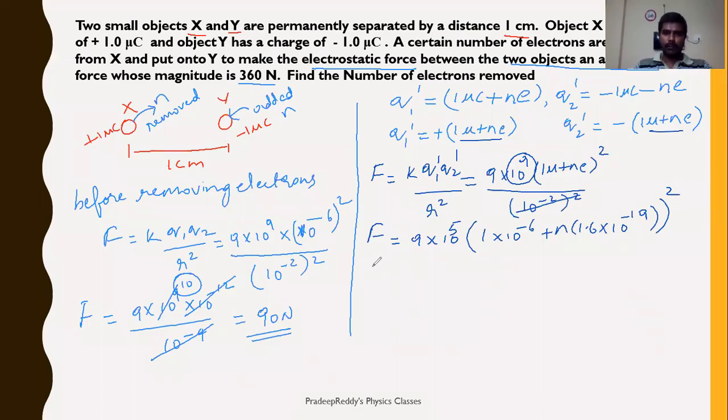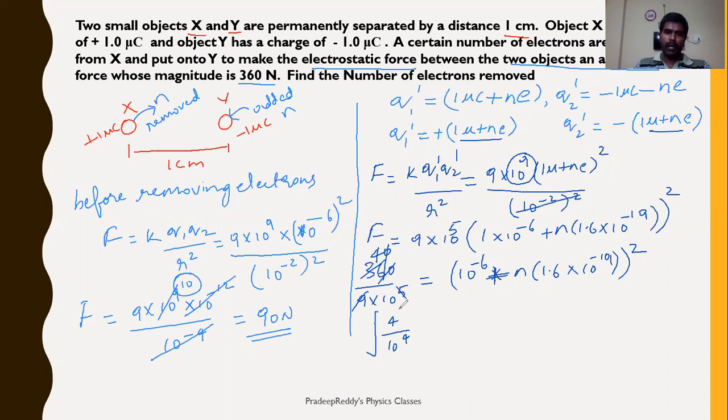As F is given in the problem, 360 divided by 9 into 10 power 5 is equal to 10 power minus 6 plus n into 1.6 into 10 power minus 19 whole square. 9 fours are 36, this becomes 40, and 10 power 4 divided by 10 power 4, under root, is equal to 10 power minus 6 plus n into 1.6 into 10 power minus 19.